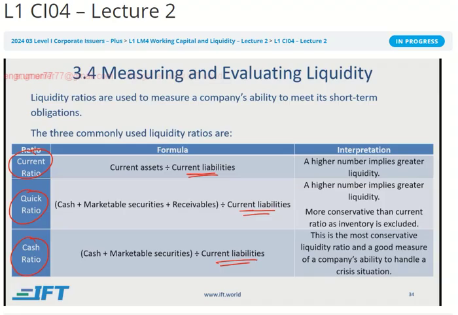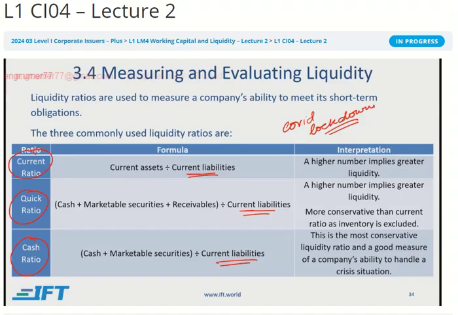Now, what I like to give over here is an example of COVID lockdowns. Think of a company that has gotten locked down and they're not able to sell their assets, but they still have to pay their current liabilities.